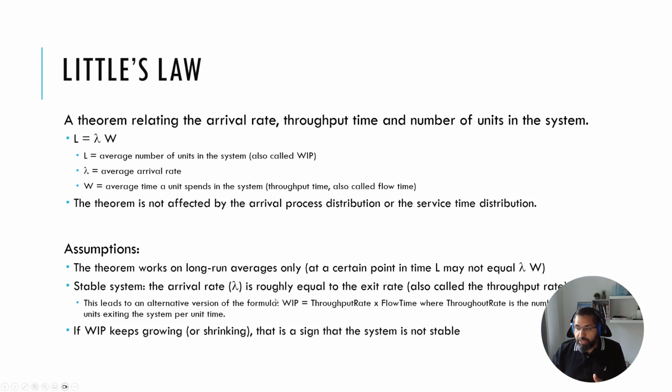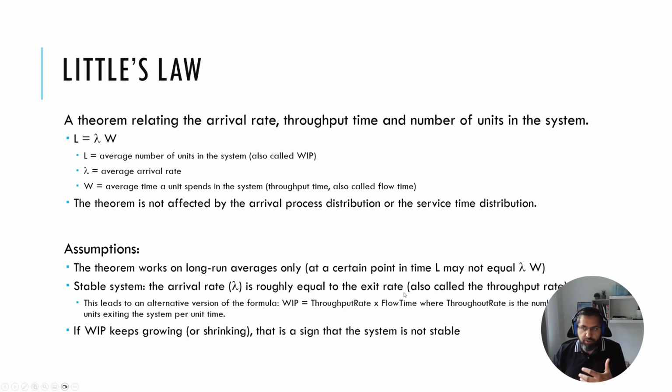Okay, this WIP equals throughput rate times flow time is often a preferred terminology by people who like to think, in operations, of throughput time as flow time, and throughput rate as the output rate. So just alternative terms for the same things, and so you can rewrite the formula as this. You might see when you look up Little's law in textbooks or other places, you might come across WIP equals throughput rate times flow time.